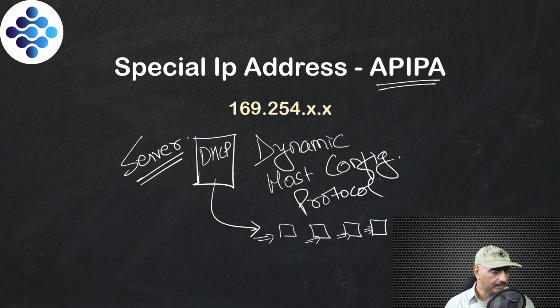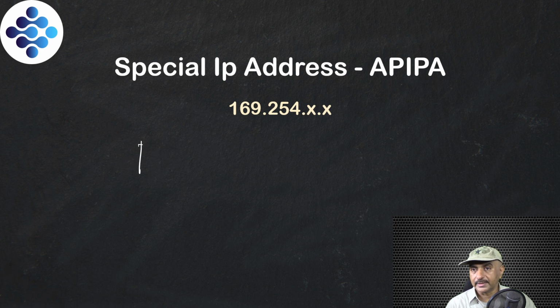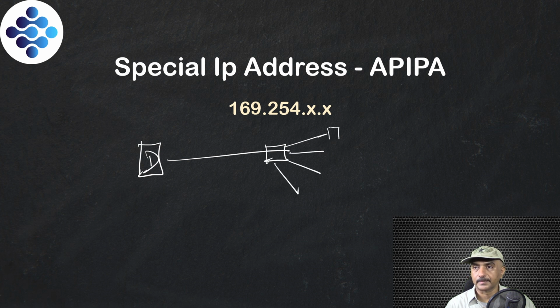Now interestingly, here is a DHCP server and it is connected. Let's say here is a switch and it is connected with several nodes, several PCs. And in case DHCP is not available for any reason, whether it is a cable break, or the switch is not functioning, or there is some problem in the DHCP server, these nodes will start picking up addresses from this range.